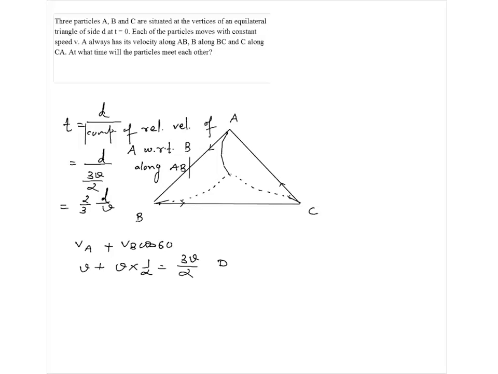So here we had a similar situation. Which component of B will be helping in covering this distance? VB cos 60. VB cos 60 is going towards A basically. VA is going towards B and VB cos 60 is going towards A. So they will add. Yes, anything else?